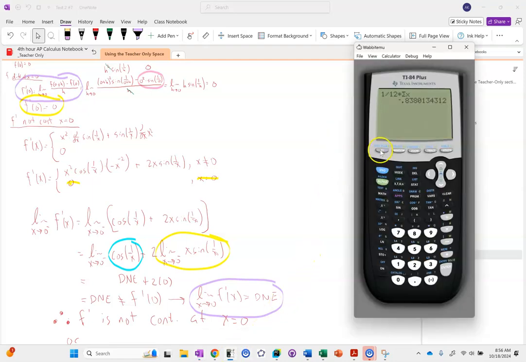Just to kind of illustrate visually what's really happening here. If we look at x squared times sine 1 over x, right? That was our original f of x for everywhere not 0. And I'll just go from like negative 2 pi to 2 pi.